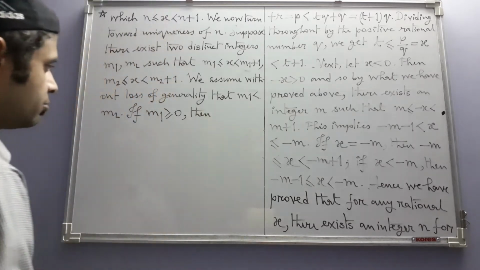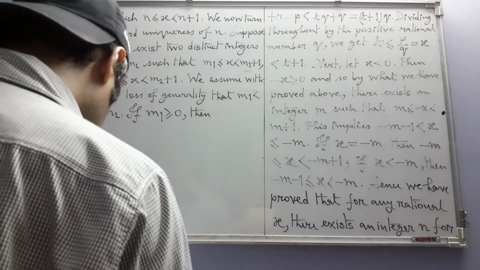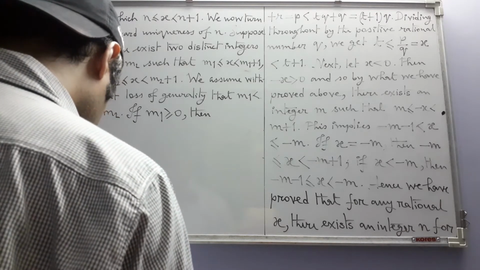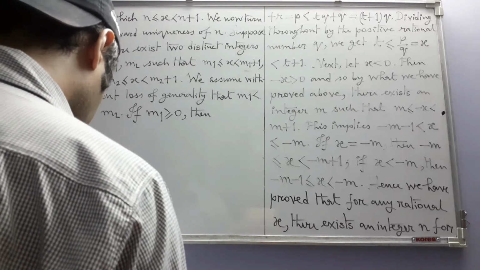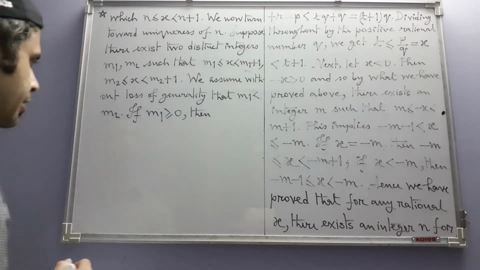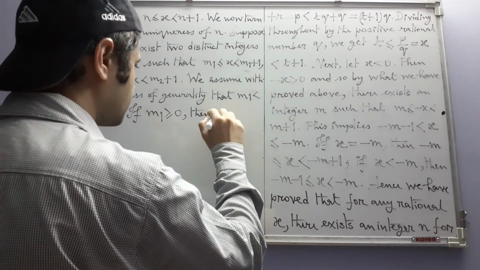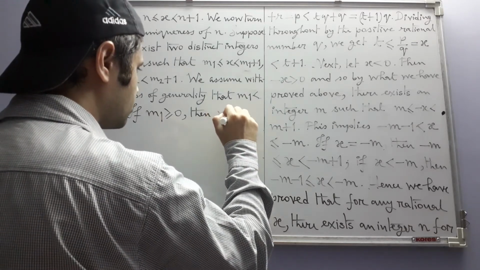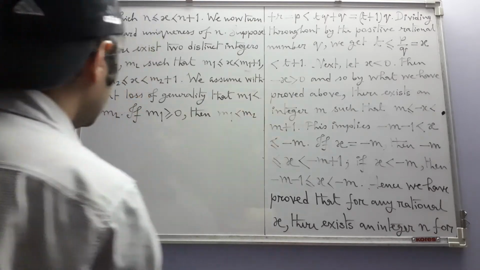Oh, but before we consider these cases, I think there is one more step. Have I written it here? No. Okay, let us proceed and see what we get. If this is the case, then m1 is strictly less than m2.